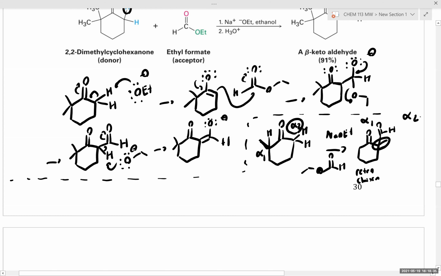Well, if we look at alpha 2, we have an available alpha hydrogen to deprotonate. So alpha 2 is favored.